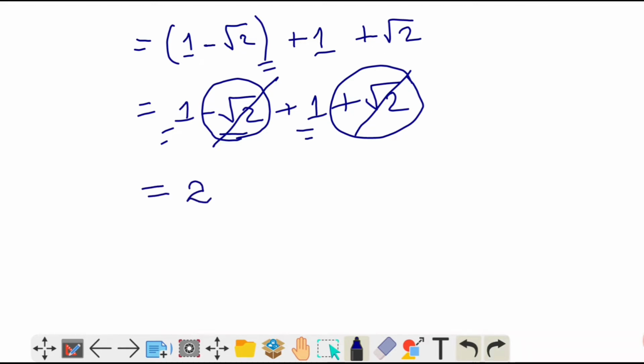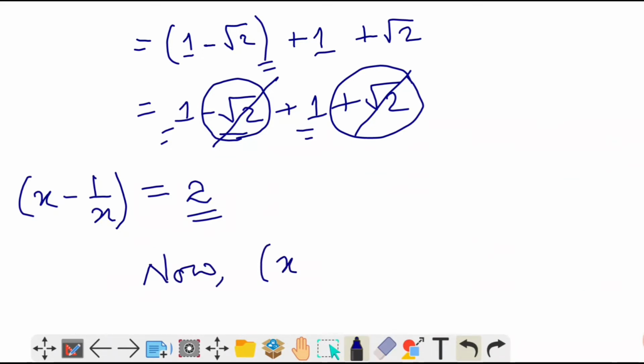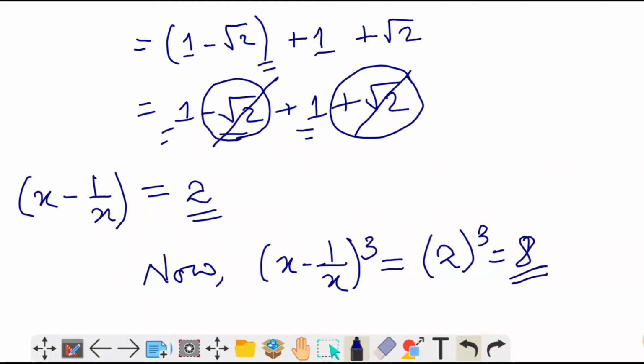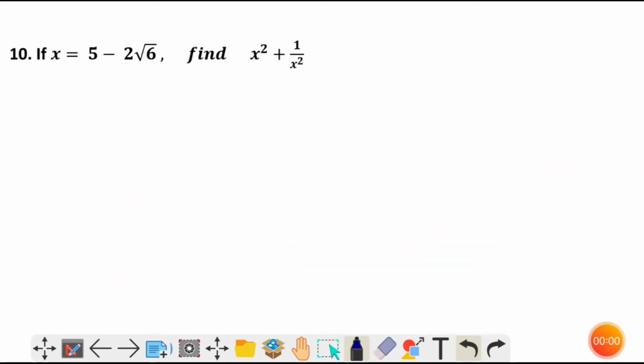So we have found the value of x minus 1 by x. Now we have to find the value of (x minus 1 by x) whole cube, that is 2 cube. So 2 cube is 8. So finally we got the value, that is 8.